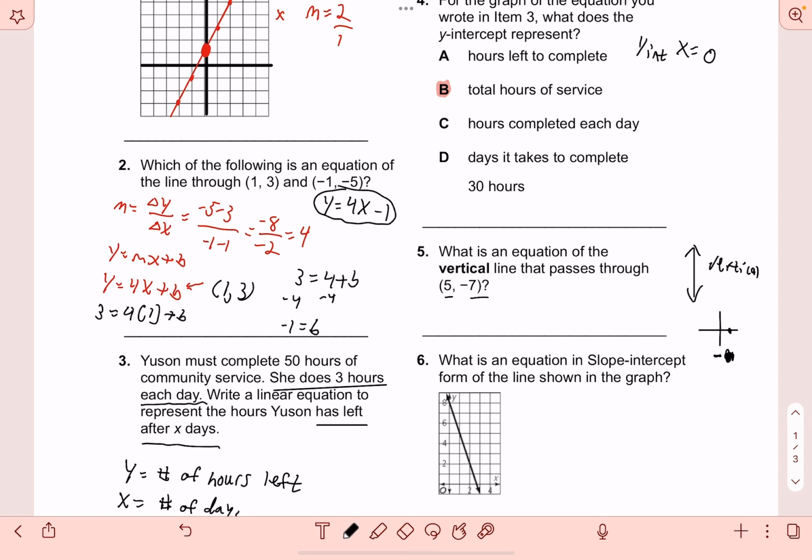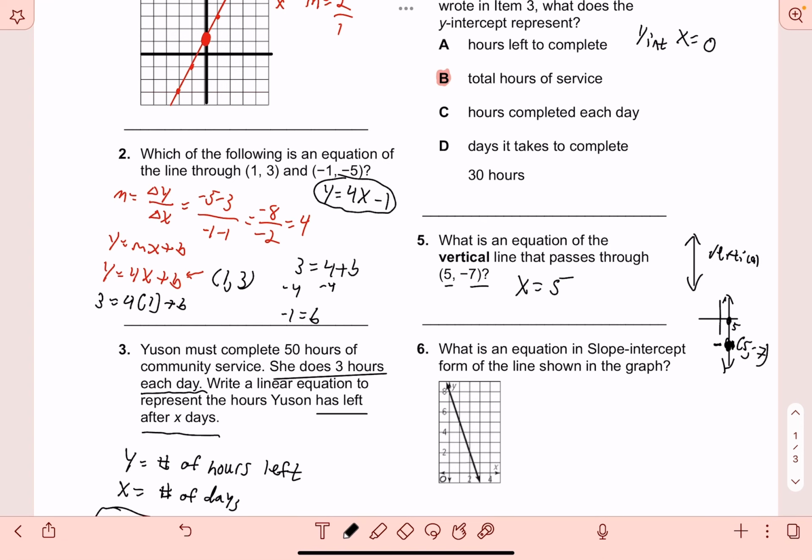The point it should go through is right there. Well, a vertical line goes straight up and down, and notice, if it goes straight up and down, it only crosses the x-axis. So it's x equals 5, because if this point is 5, comma, -7, that means right here is 5. So there you go.